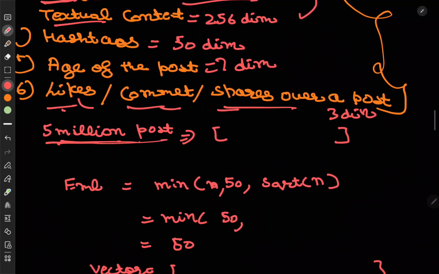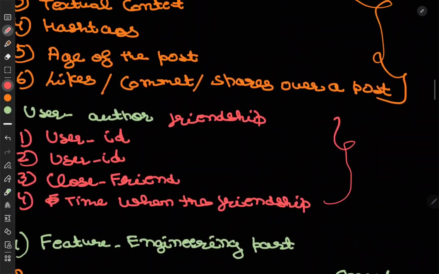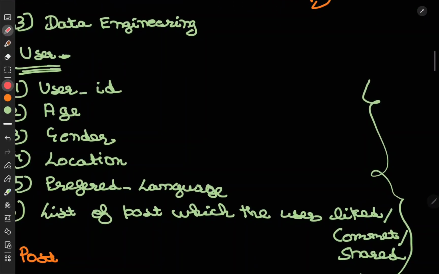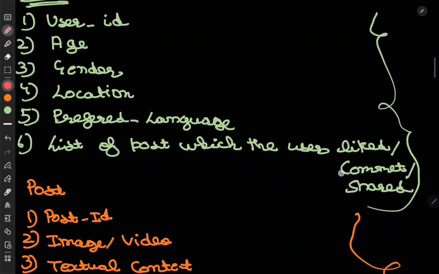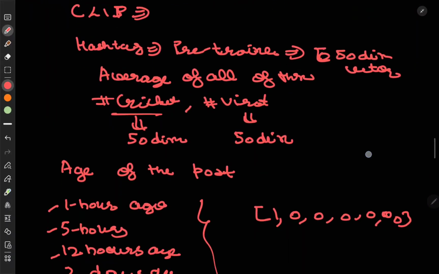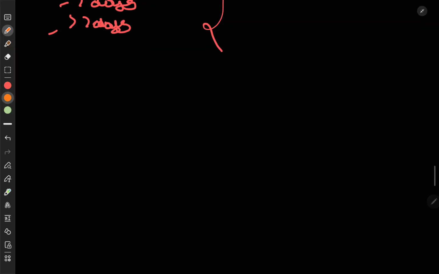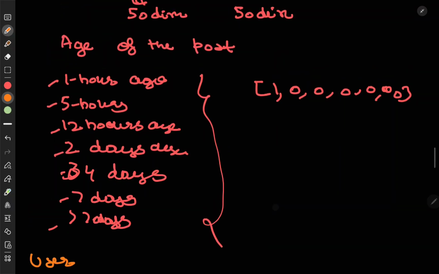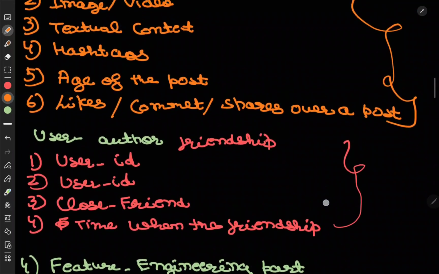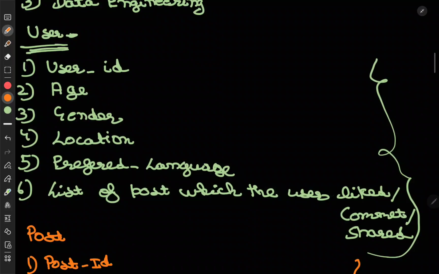Okay, now coming to the part where we have data related to a user. Now how are we going to use that? Okay, so for the user, we had this data.